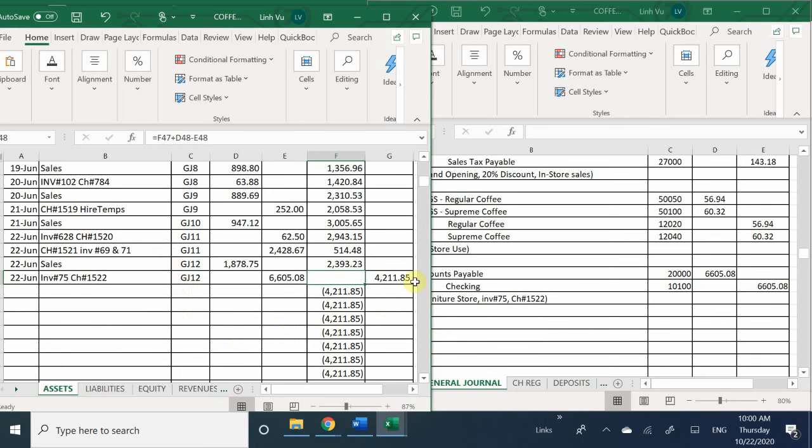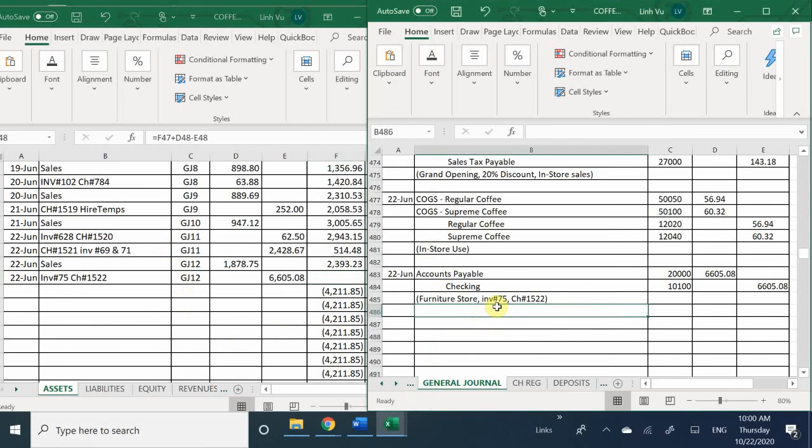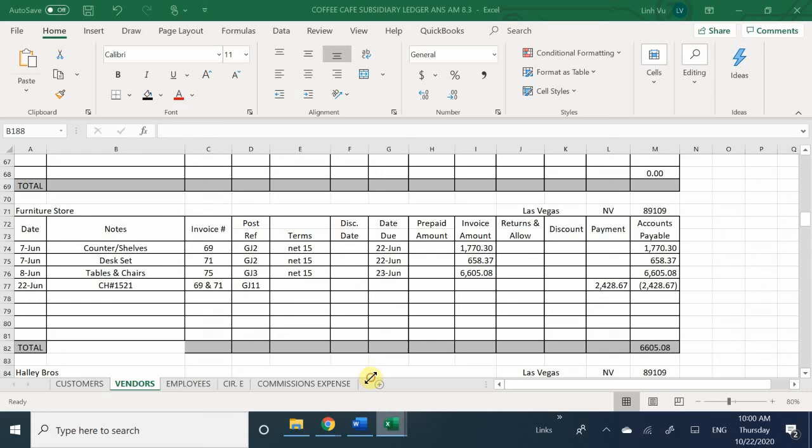Okay, so here we made our checking. What's next? Subsidiary ledger. Yes, we need to update furniture store. Vendor. Check number 1522.